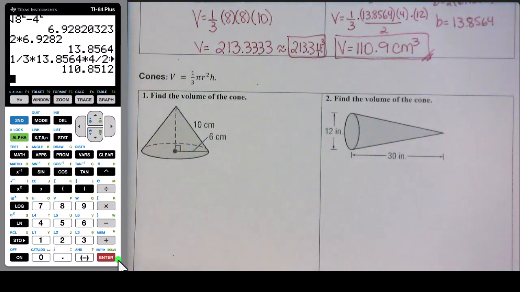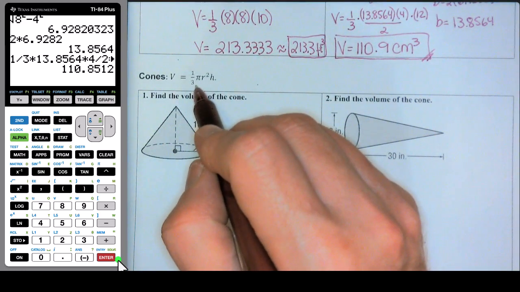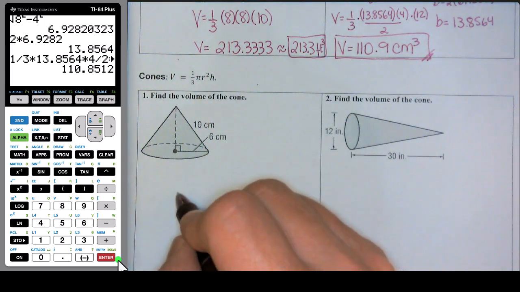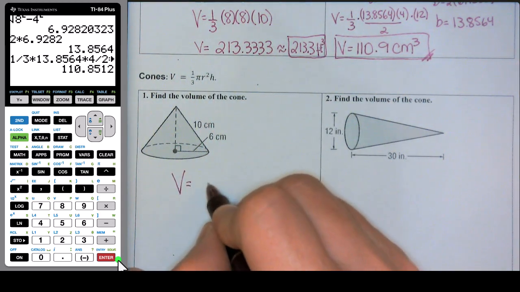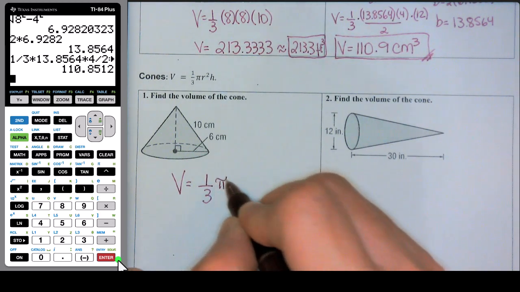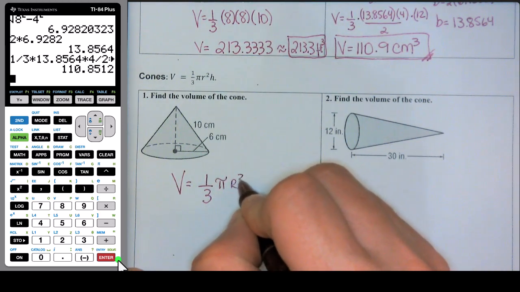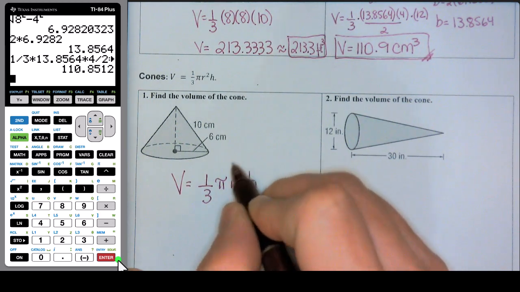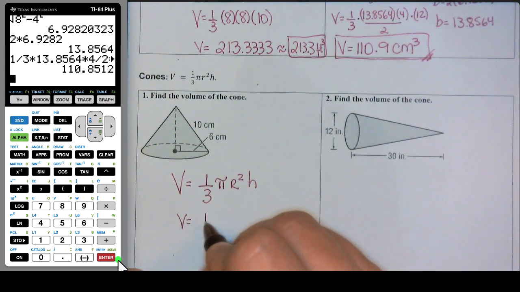Now we're going to talk about cones, and the formula is 1/3 pi r squared times h. So basically, this lesson has been about the formulas and how to use them properly. The way I like to do it is write down the formula and then just plug in the information that you have.